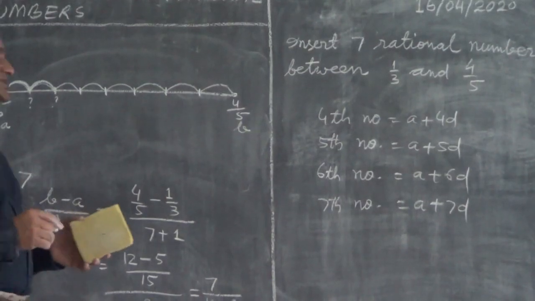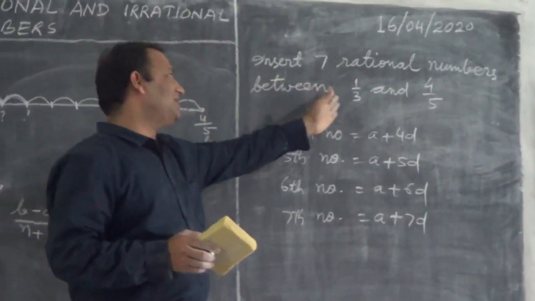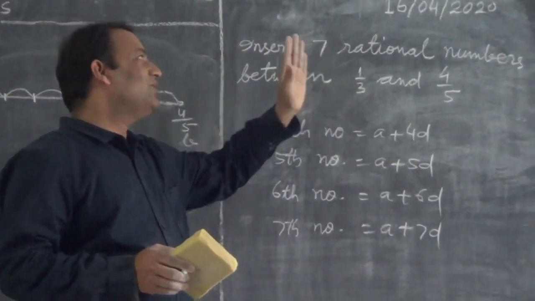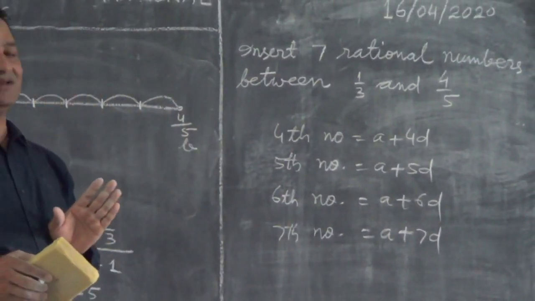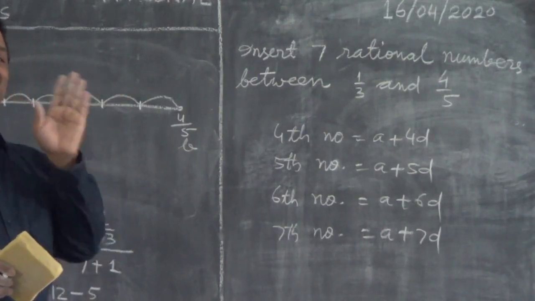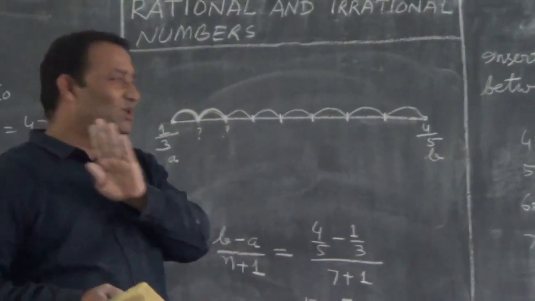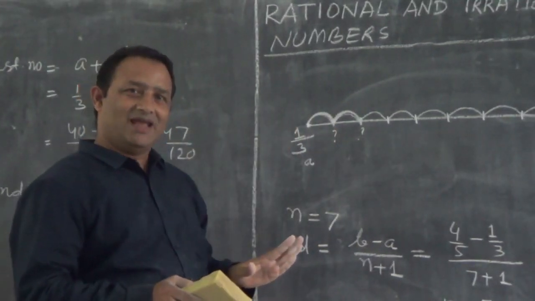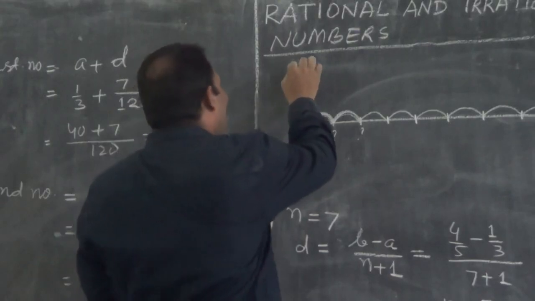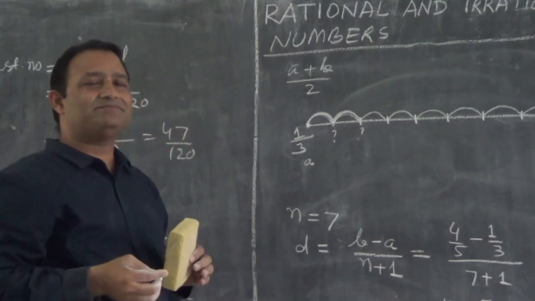If in case the question will ask you, insert seven rational numbers between 1 by 3 and 4 by 5 such that they will be at equal intervals. So no other method will work. A plus B by 2 method we have learned to get a number between two given numbers.